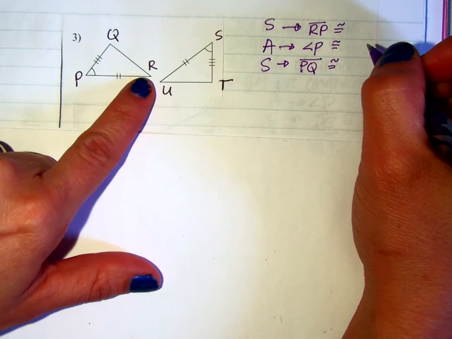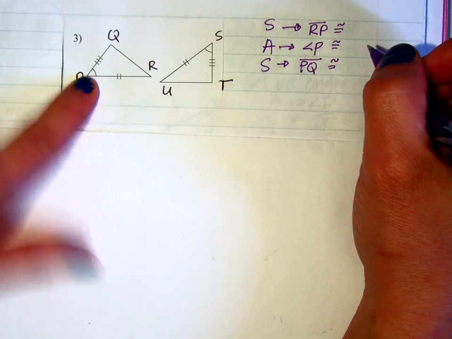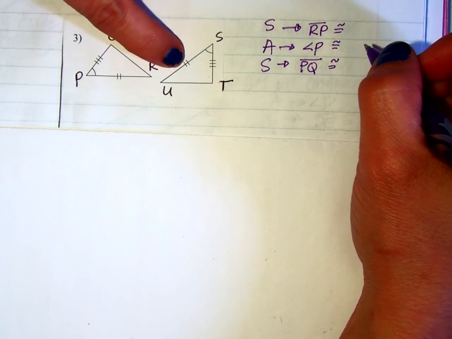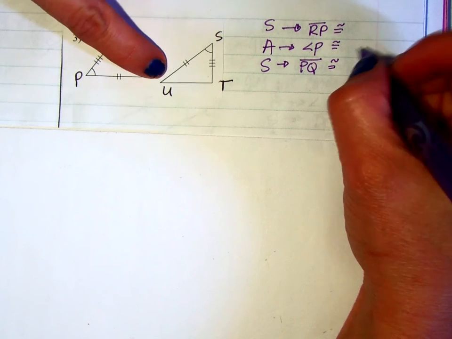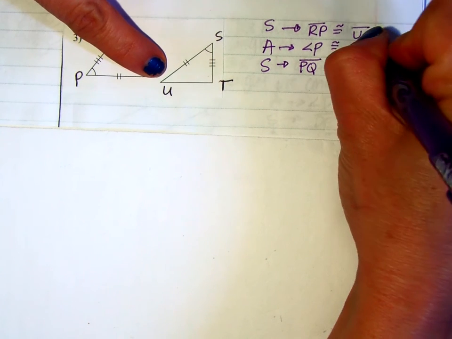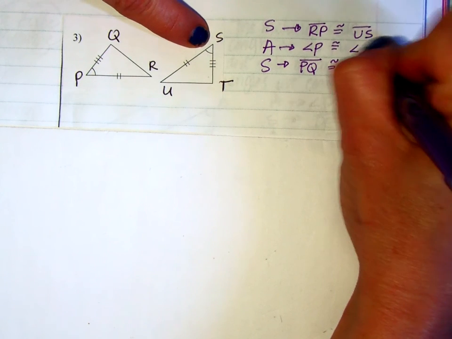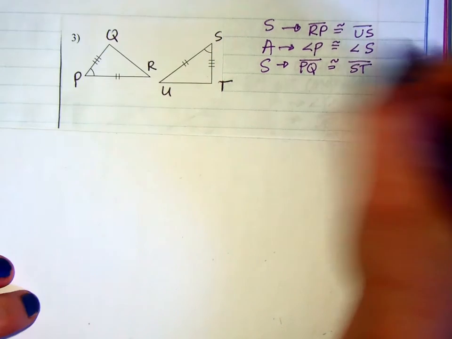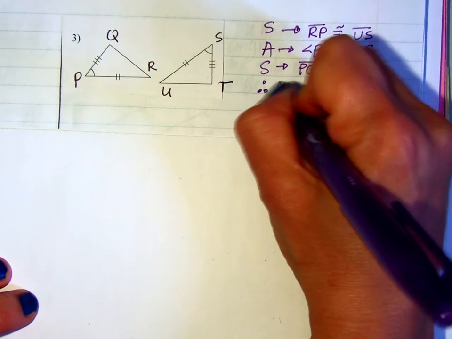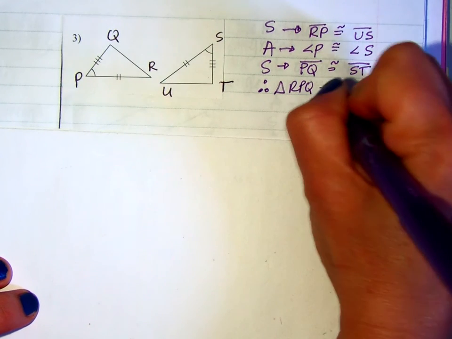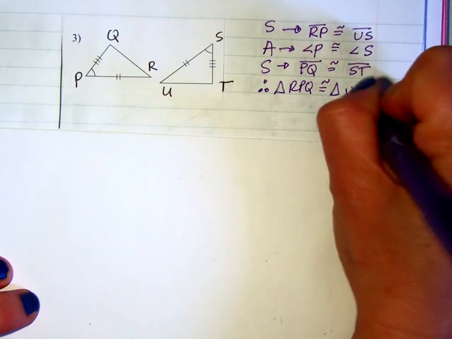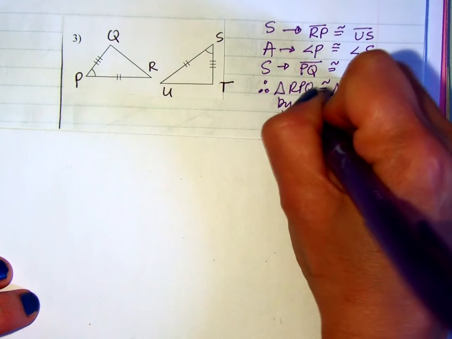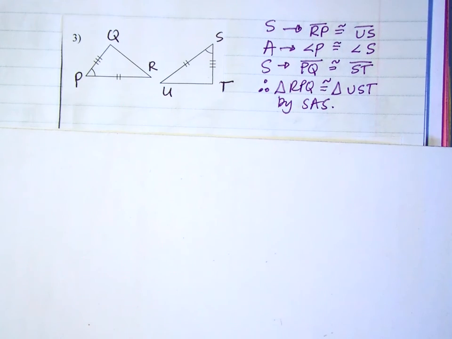If I start with no marking to one marking, I'm going to go on the one that has two, no marking to one marking. So this is side US, this is angle S, and this is side ST. Therefore, triangle RPQ is congruent to triangle UST by side-angle-side. Nice work, guys.